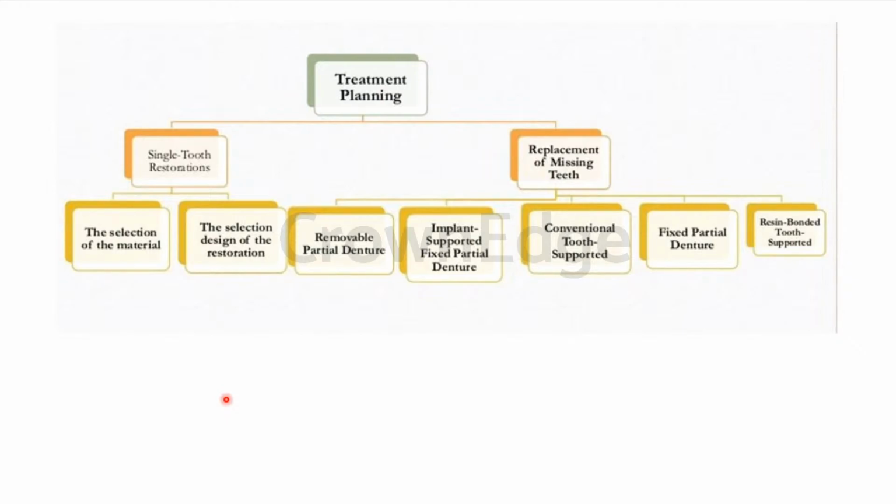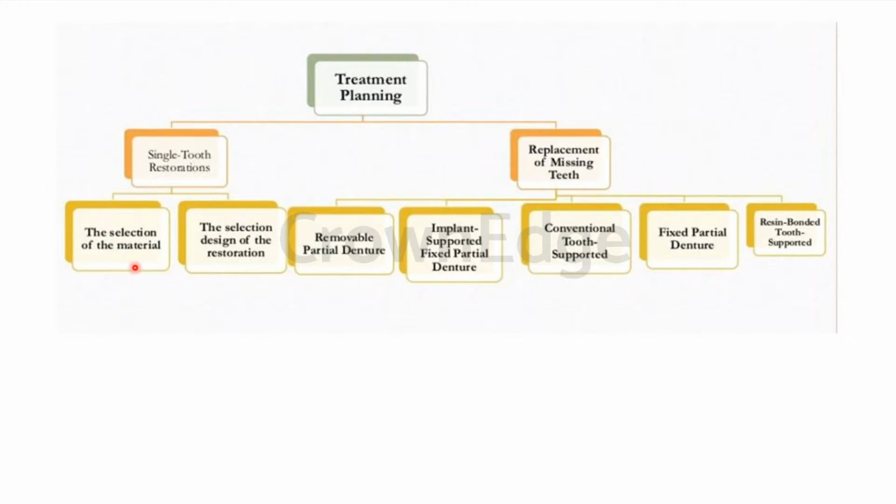Okay, so now you have to basically classify them into 2 major types, that is your single tooth restorations and replacement of missing teeth. What you have to basically decide is what material I'm going to use. Is it going to be a metal ceramic, or all ceramic?